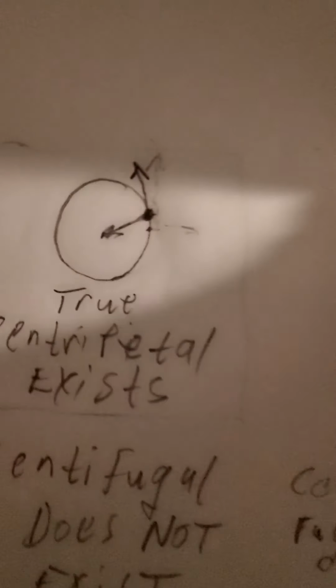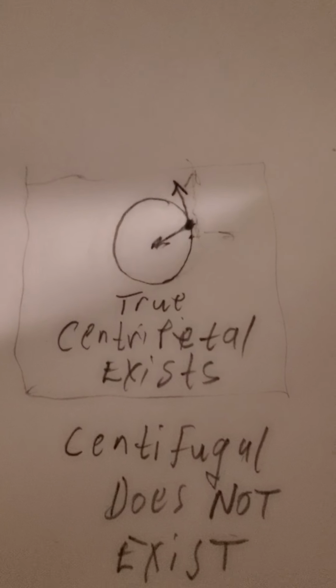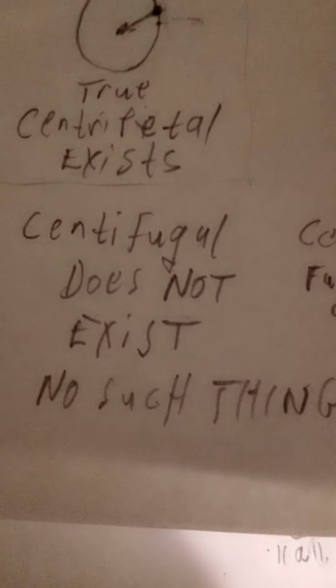It only makes sense mathematically. There's no equation for centrifugal force, but there is an equation for centripetal force. So just understand that centripetal force exists. Centrifugal force does not exist. No such thing.